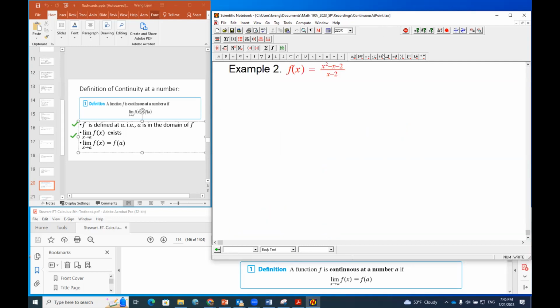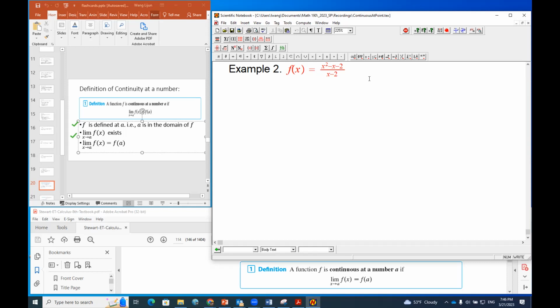Is it continuous at 2? Well, it is continuous everywhere else except at 2. Why? Now let's first just look at 2. We're going to talk about other theorems that guarantee the discontinuity of this function.